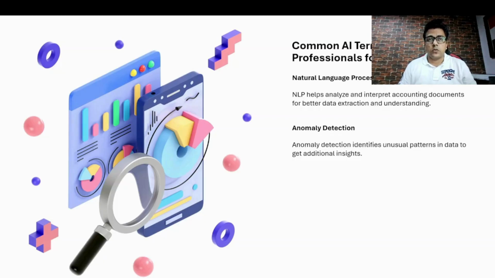There is no need to go into the depth of that. You can simply ask in natural, layman language and it answers and finds the data you require. The second thing is anomaly detection. It identifies unusual patterns in the data and reports them, so you get additional insight into what is different from the regular process.